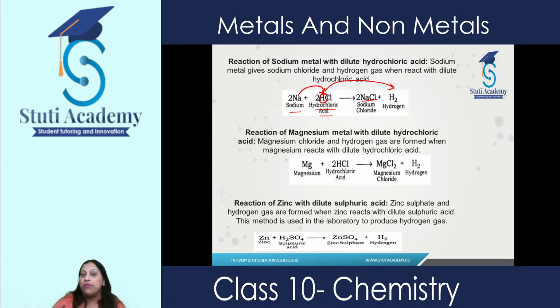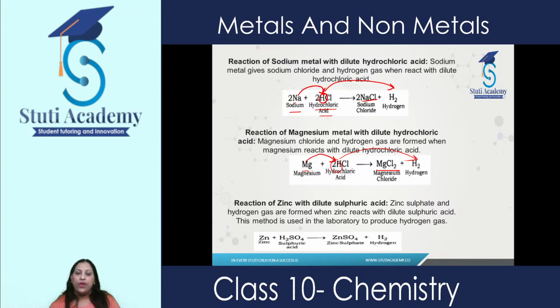Magnesium being more reactive, it can easily displace hydrogen from hydrochloric acid and take its place and combine itself with this chlorine, and it becomes magnesium chloride, and hydrogen gas evolves.